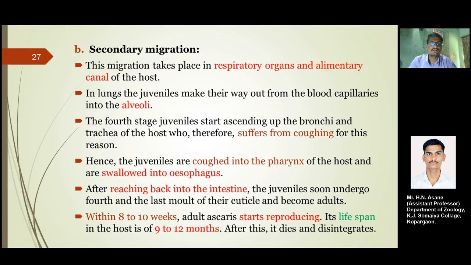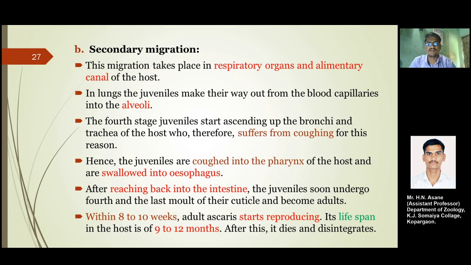This fourth stage juvenile gets migrated to the bronchi and then the trachea of the host. Therefore the host suffers from coughing for these reasons, and hence the juveniles are coughed up into the pharynx.